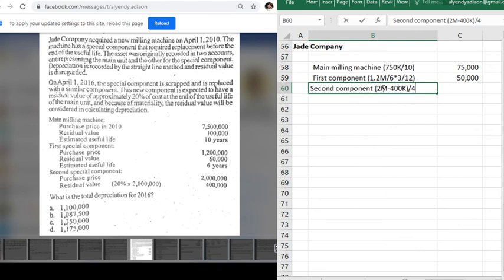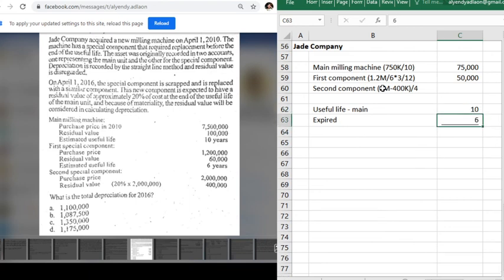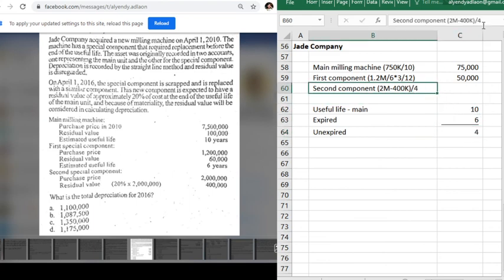Okay, so again, where did we get the 4 years? That is from the unexpired portion of the main milling machine. The useful life of the main milling machine is 10 years. The expired portion is 6 years because it was purchased 6 years ago, while the unexpired portion is 4 years. So that is where we get the 4 in the second component.